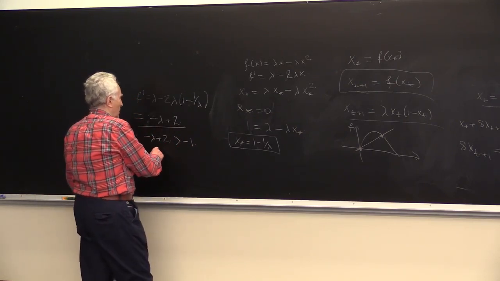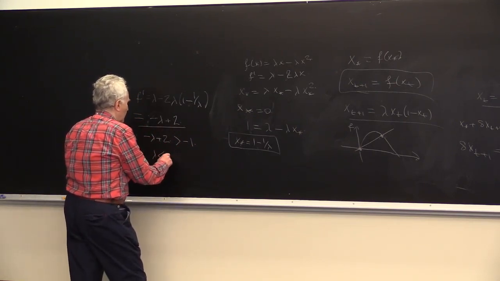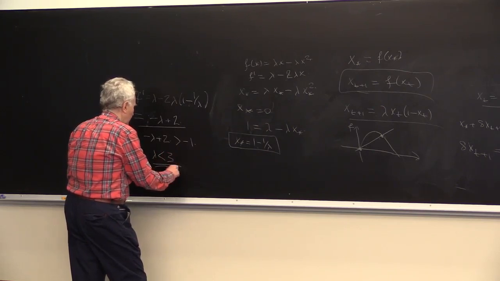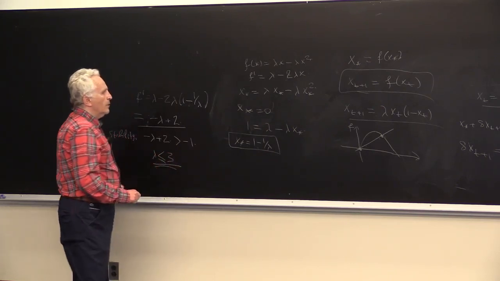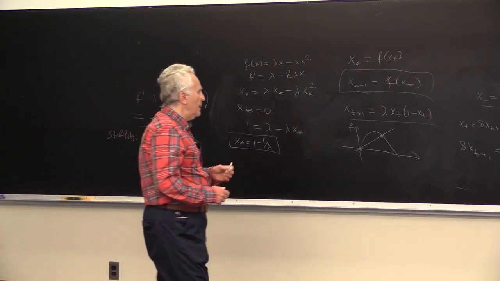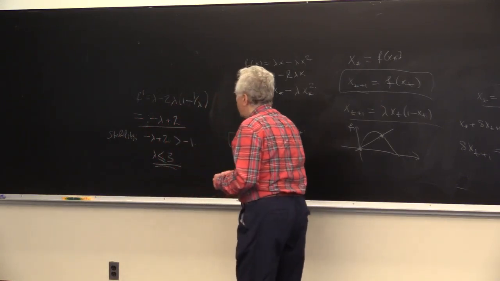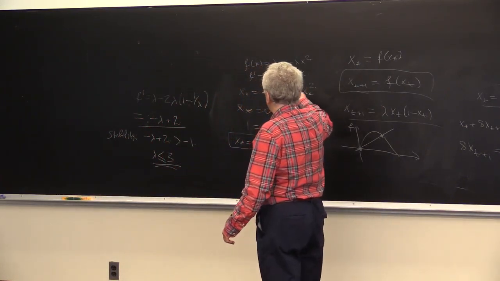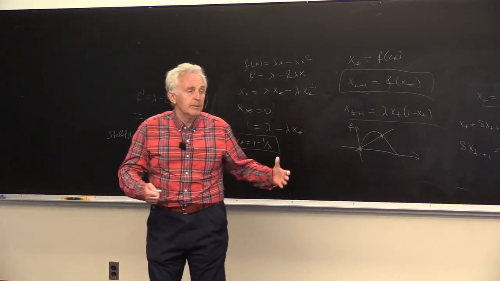Or lambda should be smaller than 3. So if lambda is smaller than 3, then indeed our fixed point is stable and nothing happens.